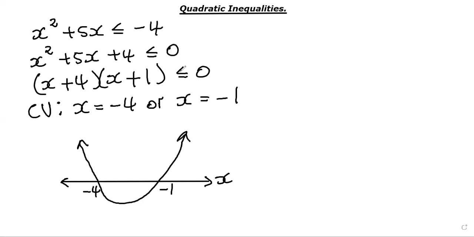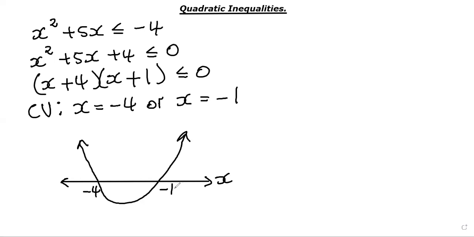Right. So where is this function less than 0 once again? Between -4 and -1. But I want you to see, this one says it's less or equal to 0, meaning we have to include where it is equal to 0, where the y values are 0, which is at the x-intercept.